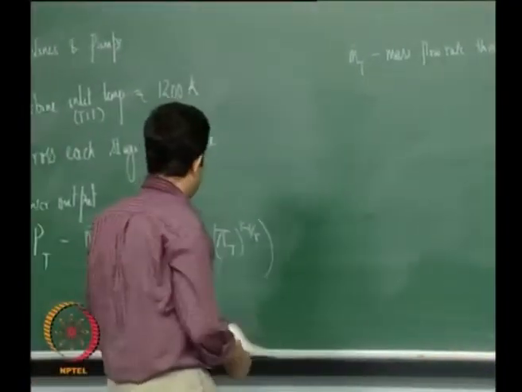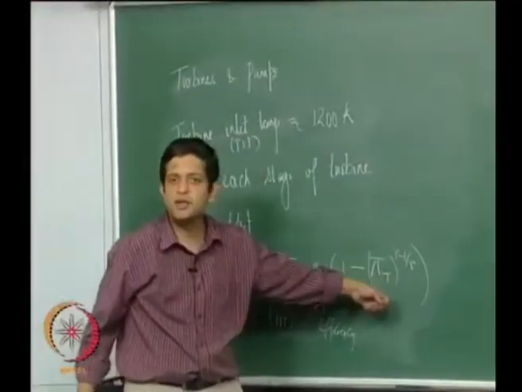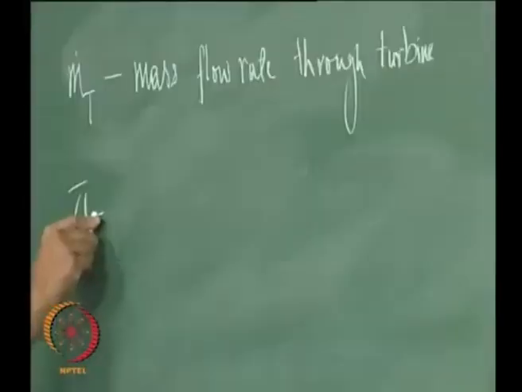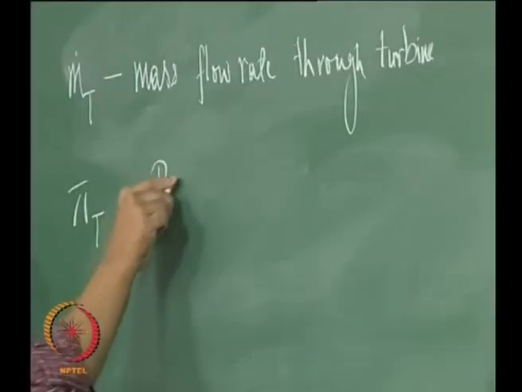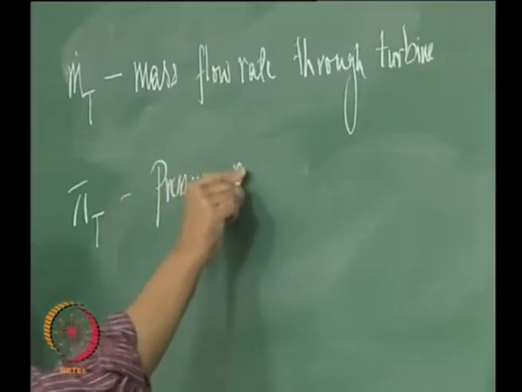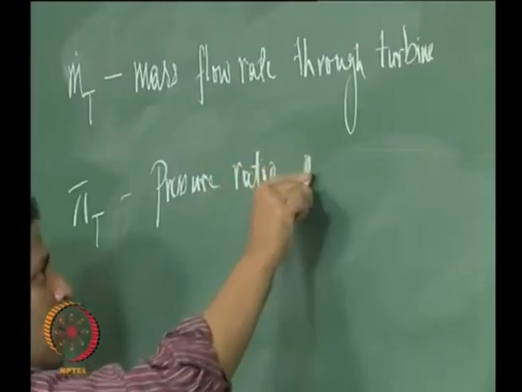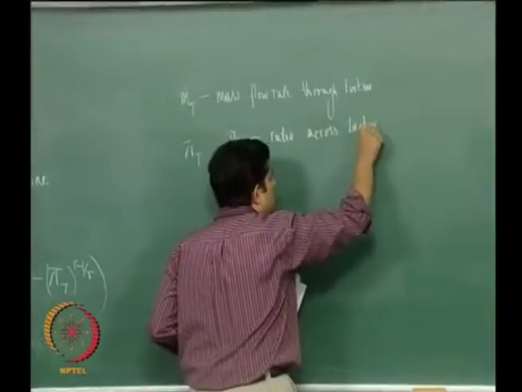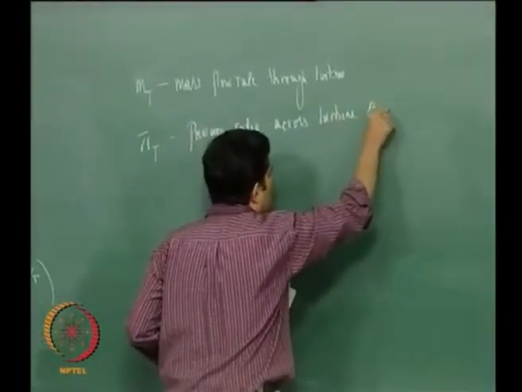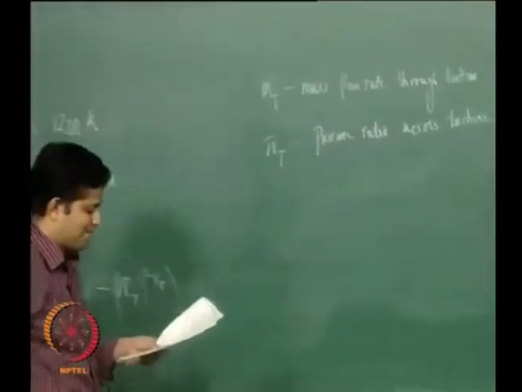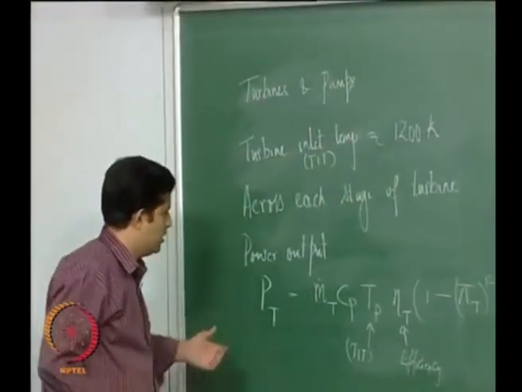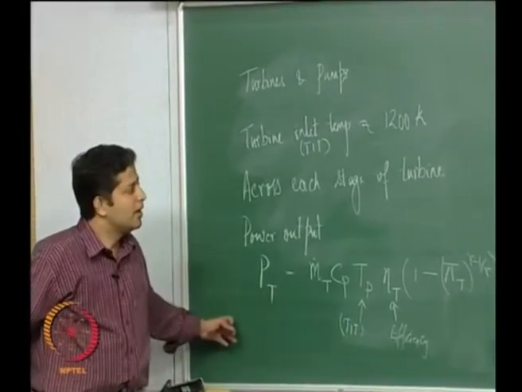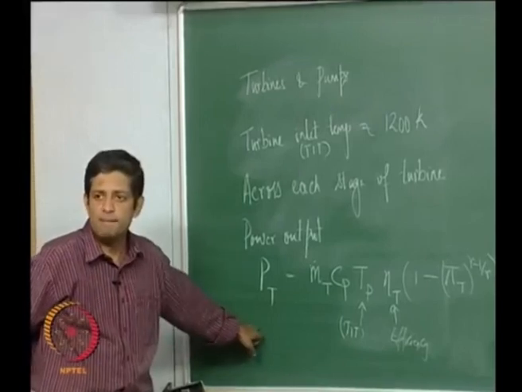And this pi t here is nothing but pressure ratio across the turbine stage. Okay. This is what is the power we can extract from the turbine. Okay. Now this must be equal to the pump power, right.